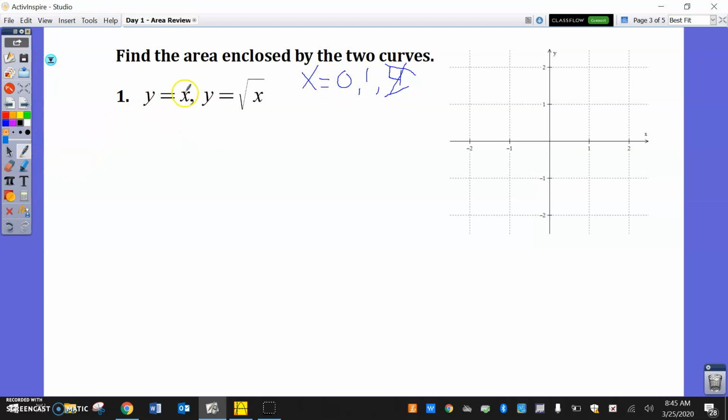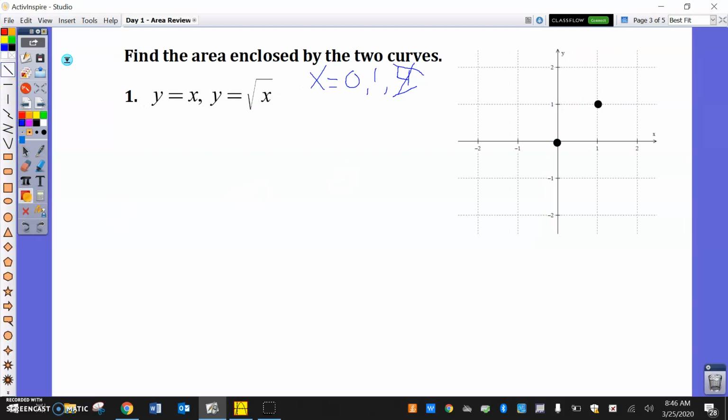If I plug in 0, that's going to give me y equals 0, and if I plug in 1, that's going to just give me y equals 1. So for y equals x, the 2 points I'm going to graph are (0, 0) and (1, 1). And then I'm going to draw my line through that.